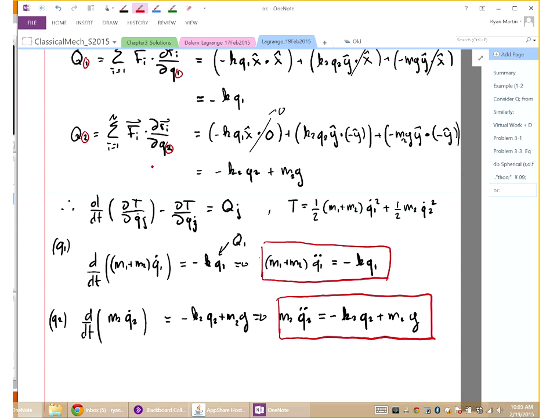I'm not sure if I answered your question or not. When I took the time derivative and going from here to here, I added a dot on the Q1, right? Is that what you mean? So it has changed because there's an extra dot on Q1 and Q2.